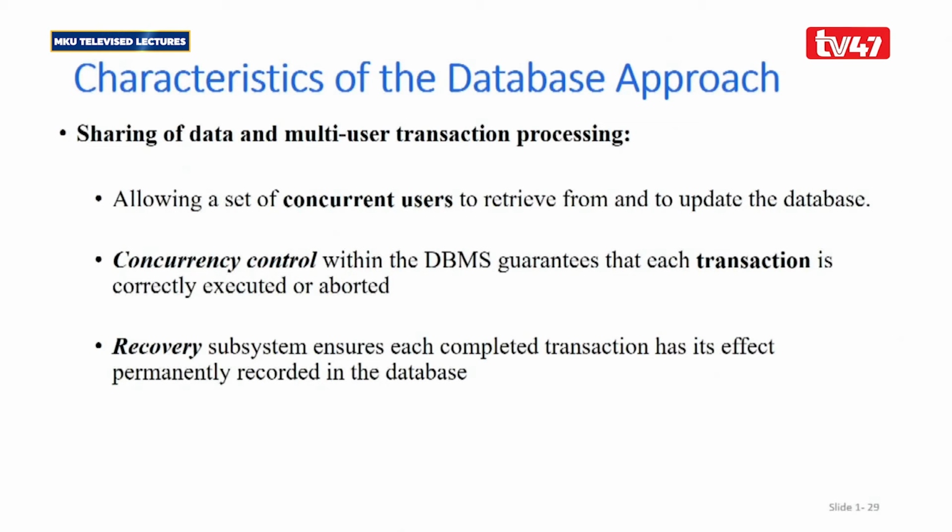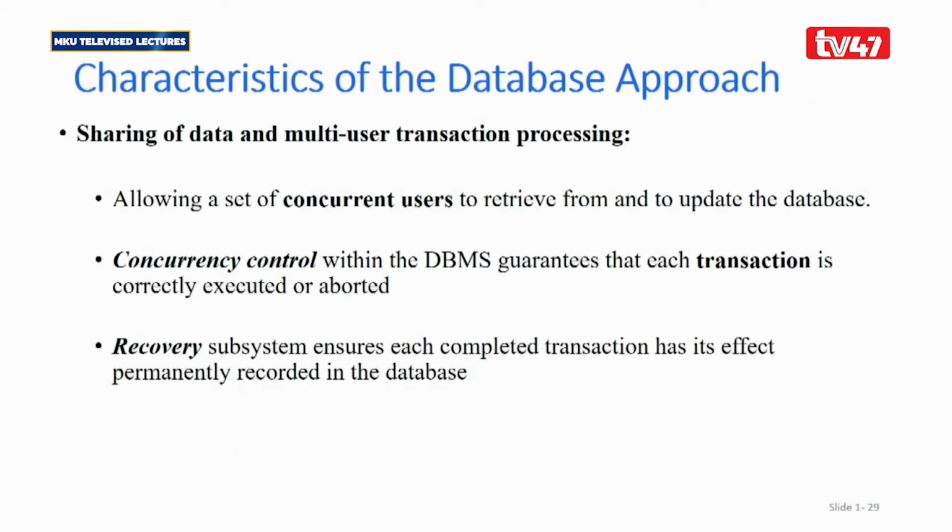We also look at recovery, where a recovery subsystem ensures that each completed transaction has its effects permanently recorded in the database. This ensures that we have data forever. We have data for future reference, and we can always say forever because you can have data stored for a very, very long time.